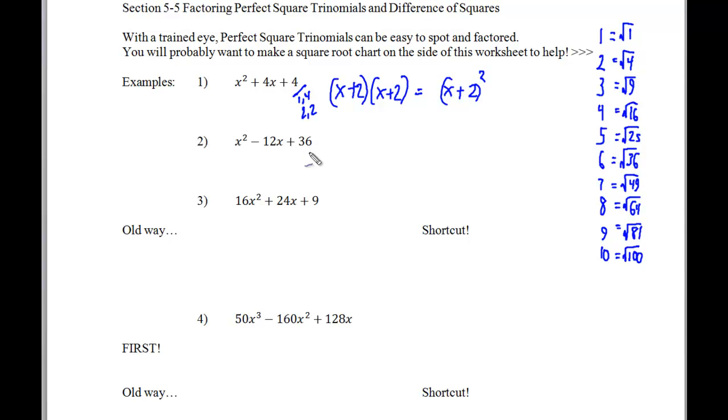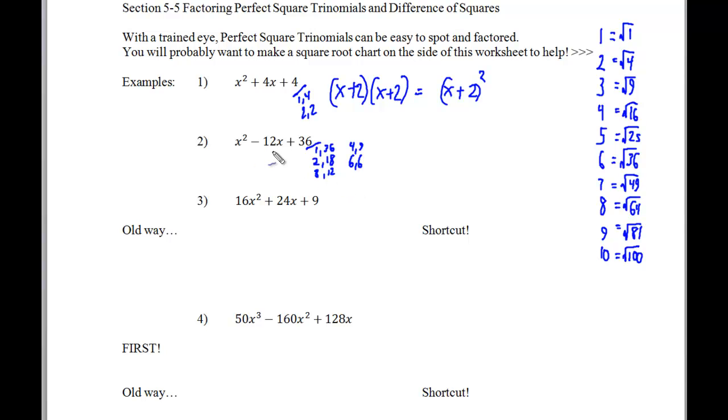Same thing goes here. What ways of 36 can we get to make our 12 in the middle? Now you'll notice that 36 can be, we know 1 and 36, 2 and 18, 3 and 12, 4 and 9, 6 and 6.